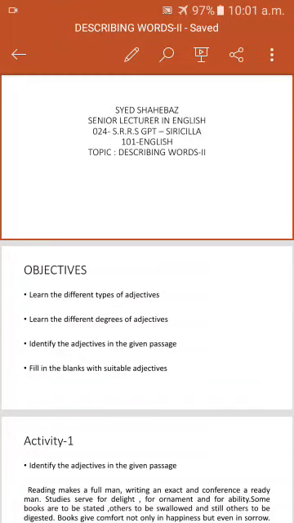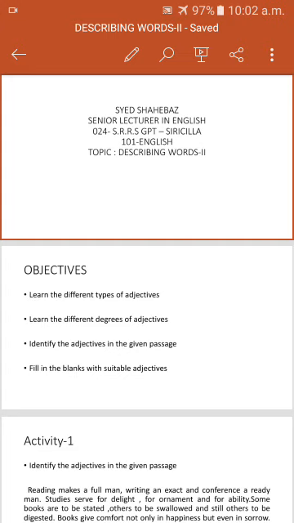Today's lesson is describing words, second lecture, second part of the describing words. In the first part, we have learnt basic aspects of describing words or adjectives. So let us have the recap of the previous lecture.